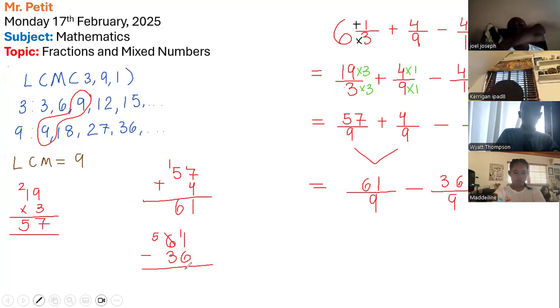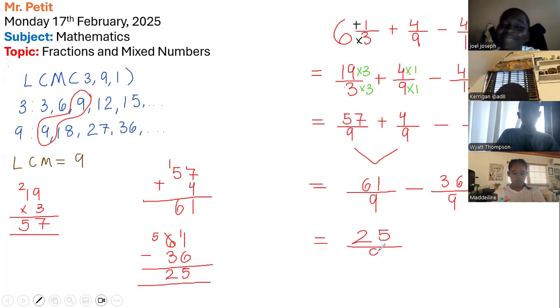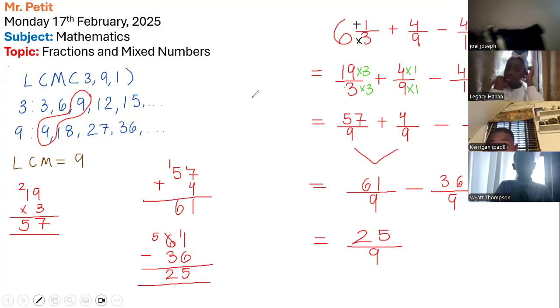That's going to be 5. 5 minus 3 is what? 2. It's going to be equal to what? 25 over 9. All right, 25 over 9.